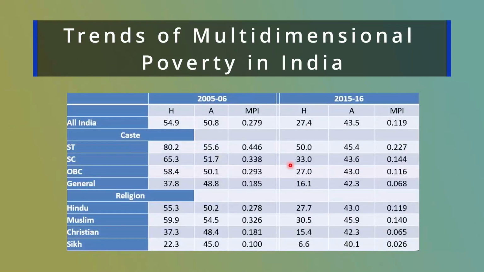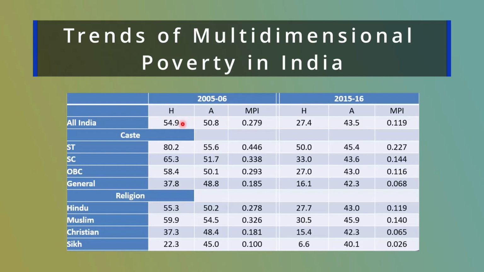If you consider other indicators, then we can notice that the level of deprivation also decreased during this period. As a result, we can see that the multidimensional headcount ratio, the intensity of the poverty as well as the multidimensional poverty index also decreased during this period.